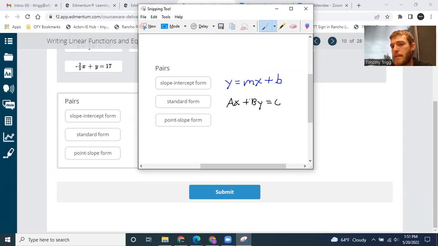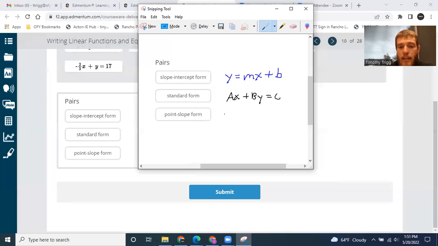Generally speaking, in this standard form, A, B, and C are not fractions. They're all integers, like 5x plus 7y equals -20. You wouldn't have something like 1/2 x in the standard form. Then point-slope form, we did go over that in the last lesson as well. I'll use a different color here.